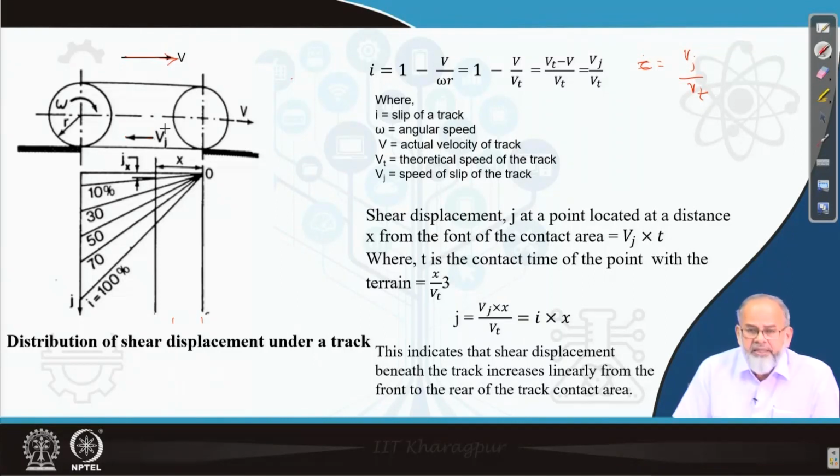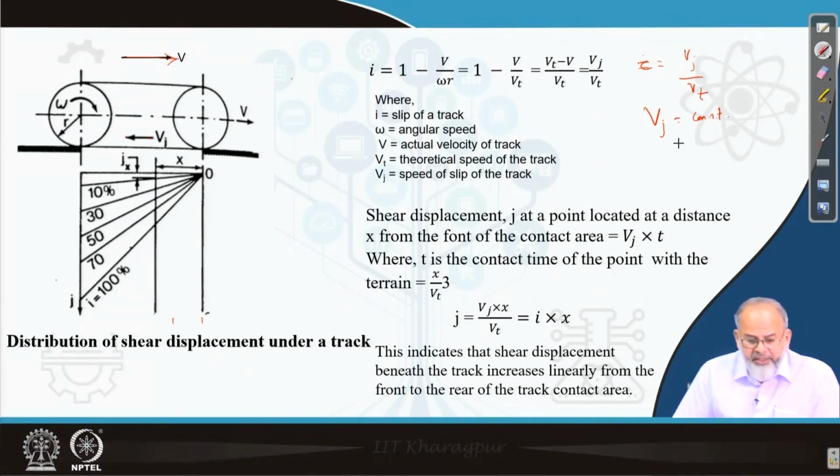Now Vj doesn't vary along the track length, since the track cannot stretch. So that's why we assume that Vj is not varying, it is constant. So slip velocity is constant below the track, and Vj is opposite to the direction of travel.